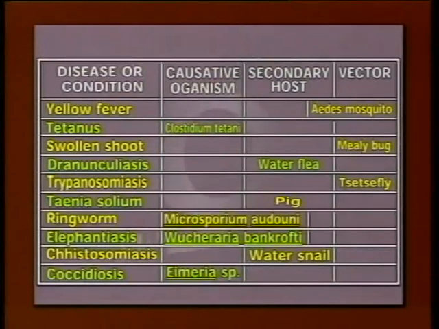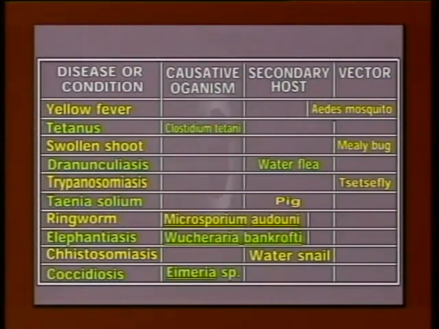For dracunculiasis, the secondary host is the water flea. For trypanosomiasis, the vector is tsetse fly. For Taenia solium, the secondary host is pig. For ringworm, the causative organism is Microsporum audouinii.